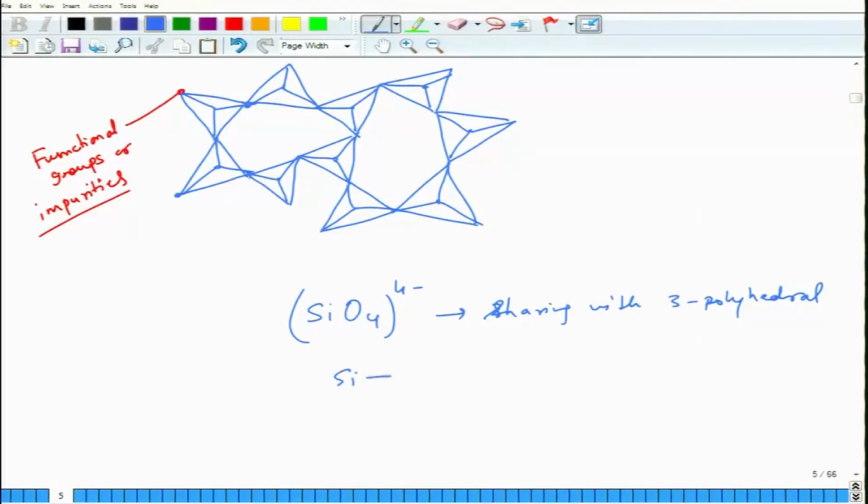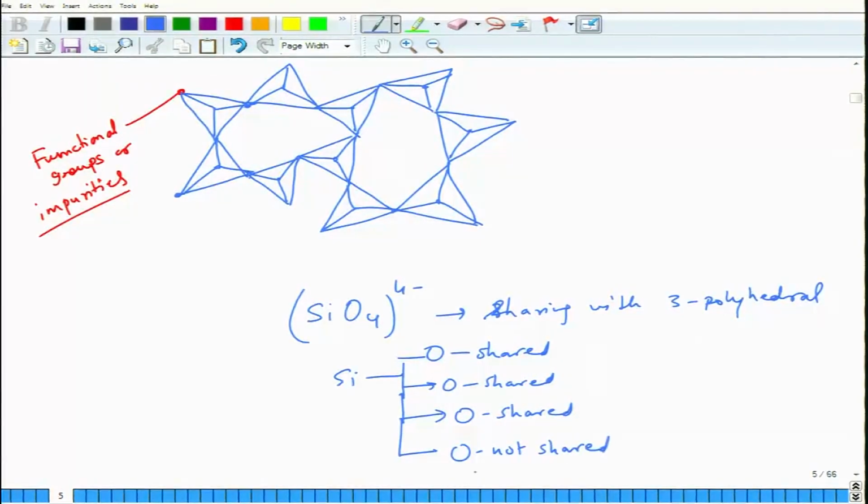So, silicon is all right, this oxygen is shared, this oxygen is shared, this is shared, but this is not shared, which means there is an extra charge. This extra charge is going to be compensated by, let us say, an impurity.